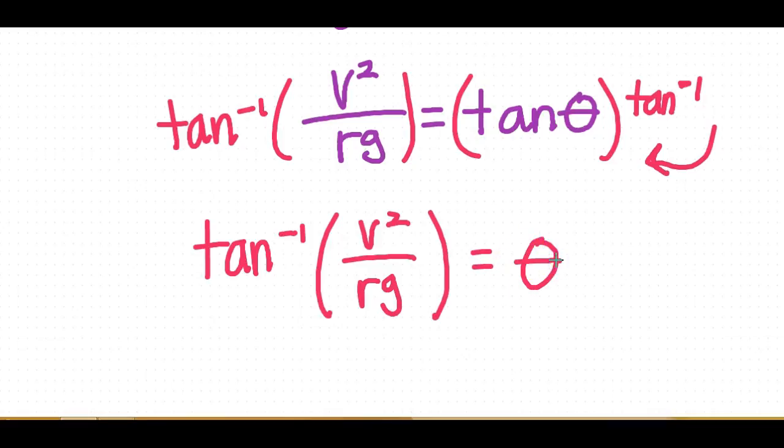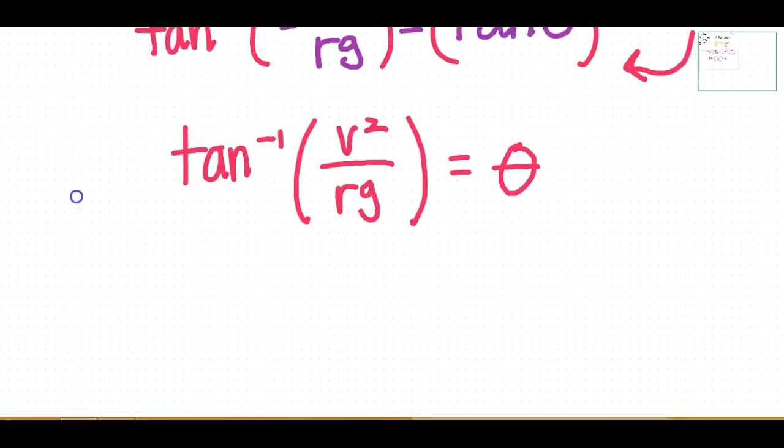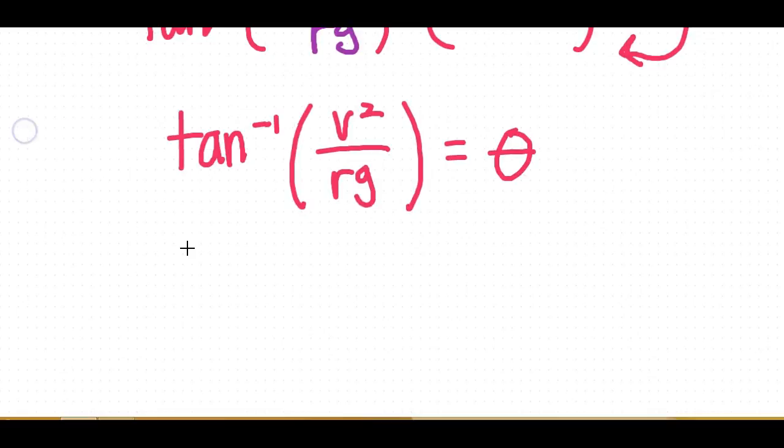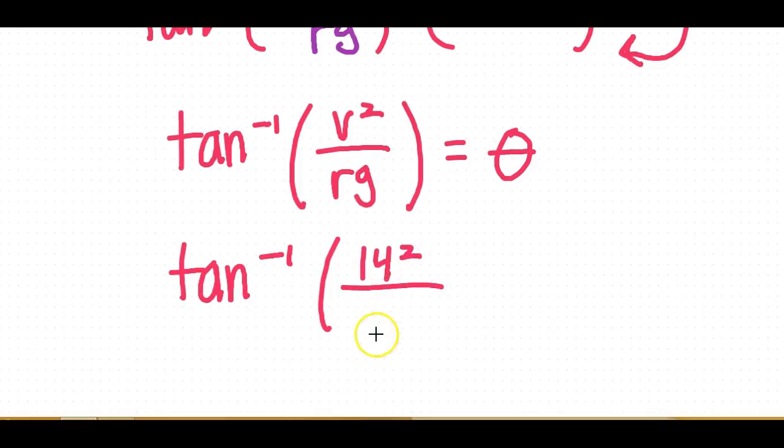So we know all that information in this problem. The velocity we're working with is 14, so we do 14 squared, the radius is 50, and the value for gravity is 10. So we have 14 squared divided by 50 times 10.